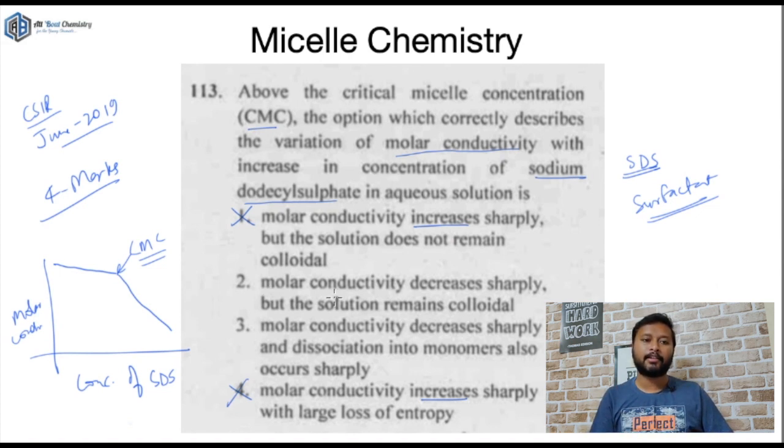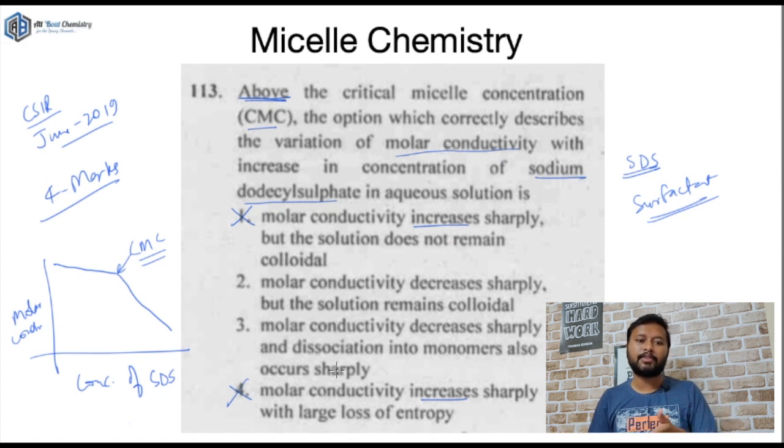Everything is being asked above the critical micellar concentration, that is, at a concentration more than the CMC. So the molar conductivity will decrease sharply, correct? But the solution remains colloidal.